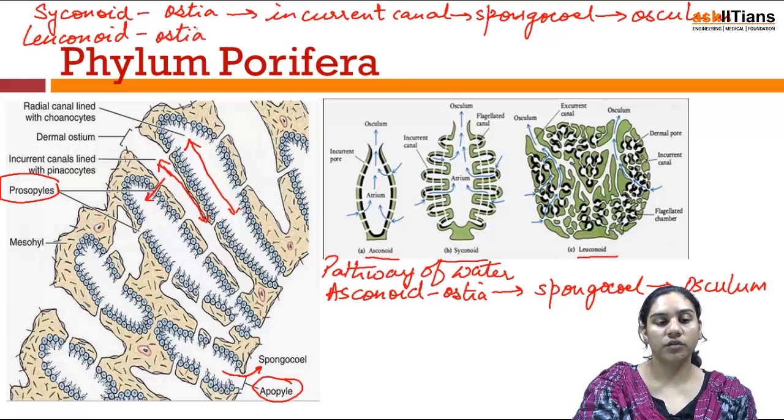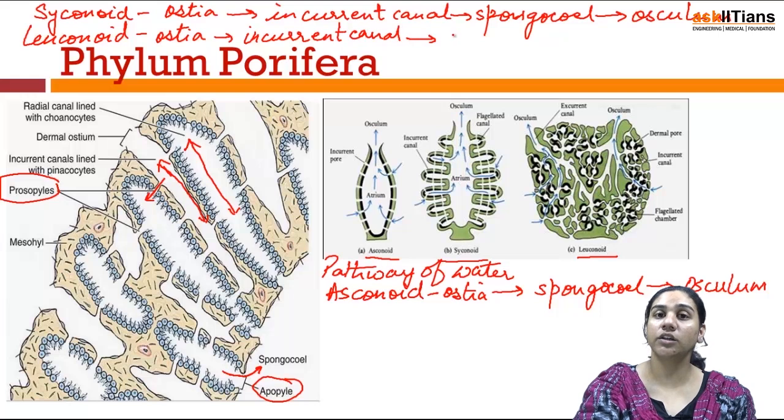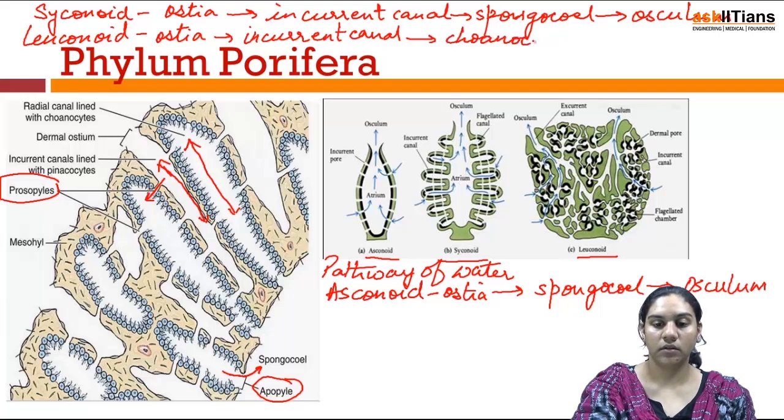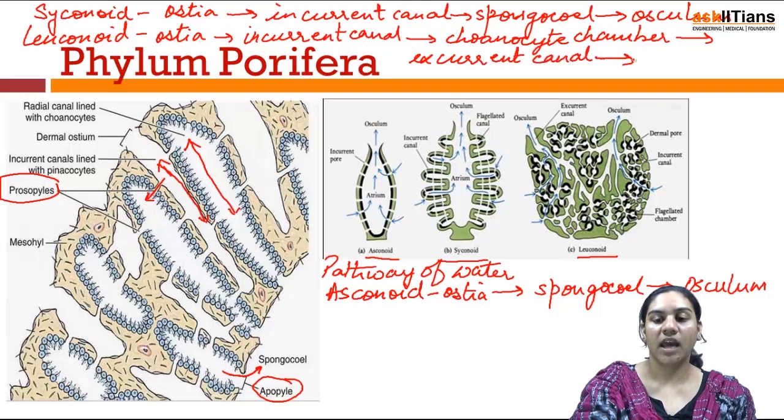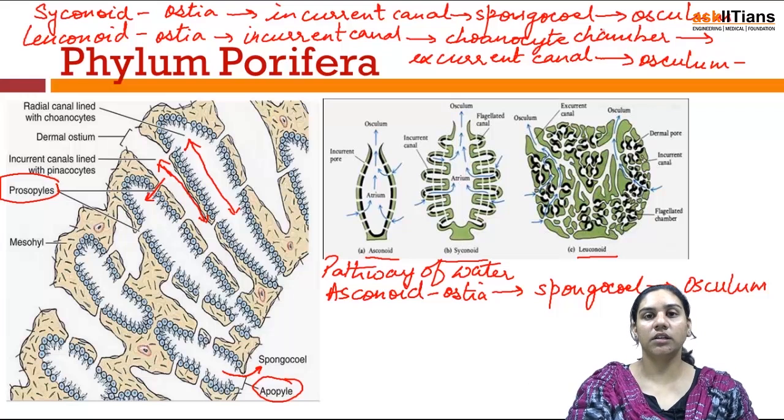Here the water enters through the ostia into the incurrent canal, from the incurrent canal into the choanocyte chamber, from the choanocyte chamber into the excurrent canal, and from the excurrent canal into the osculum. The spongocoel is not very distinct in the leuconoid sponges.